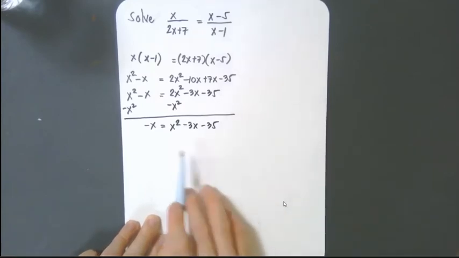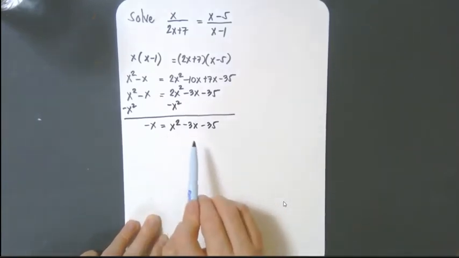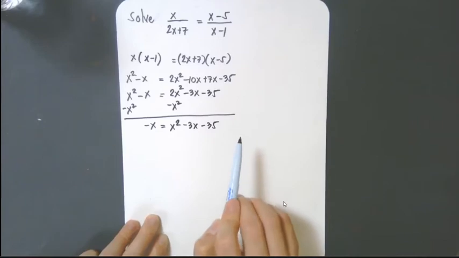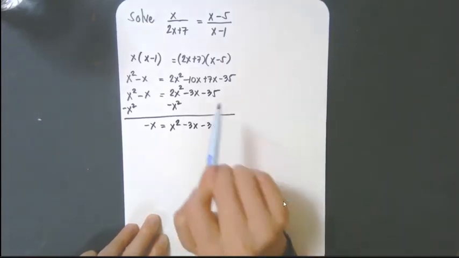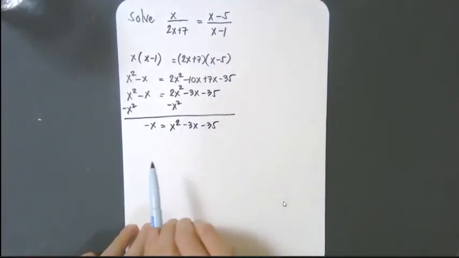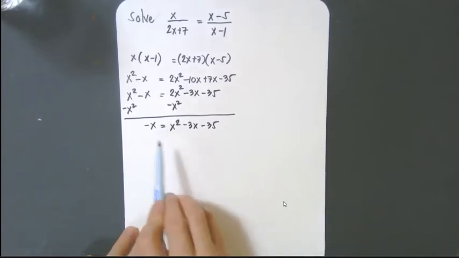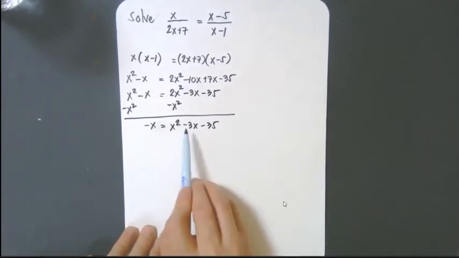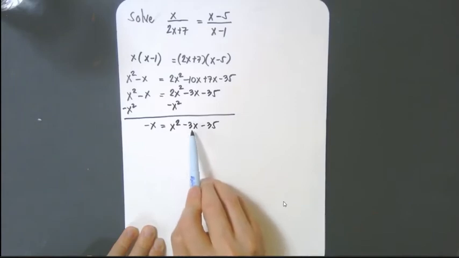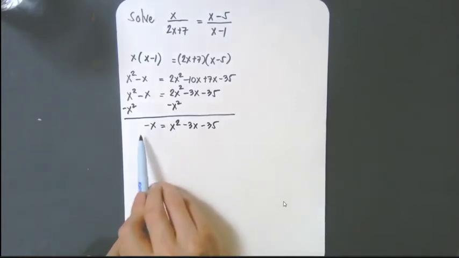Now, look at this. In every rule, there is an exemption. In our class, I told you that you always get rid of the smaller term. But in this case, look at this. This is negative x and that is negative 3x. Negative 3x is smaller, I can get rid of that and then I will have x on the left side.